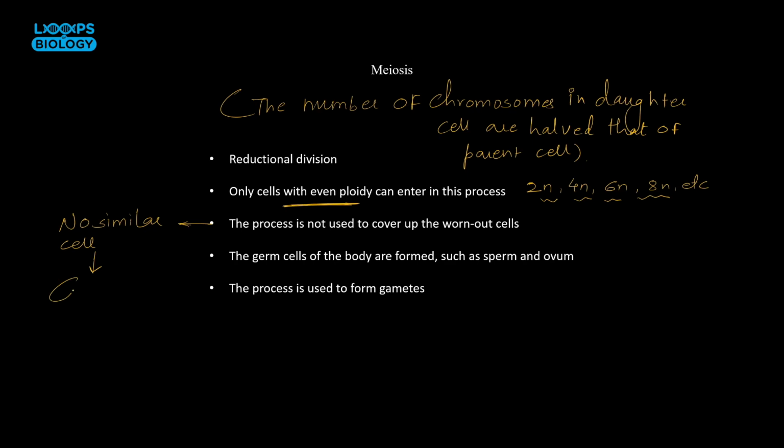That's why there is a formation of gametes, and this gametic fusion then leads to the same ploidy condition again. The reduction of the number is covered up whenever the gametes fuse. The germ cells of a body, sperm and ovum, are haploid, that is a single set of chromosomes, and the process is used to form gametes, as I have told you already.